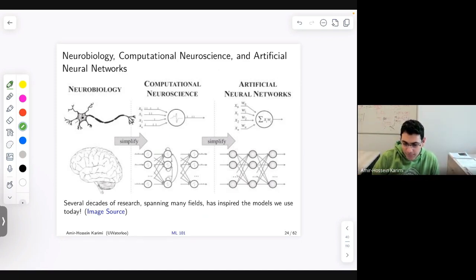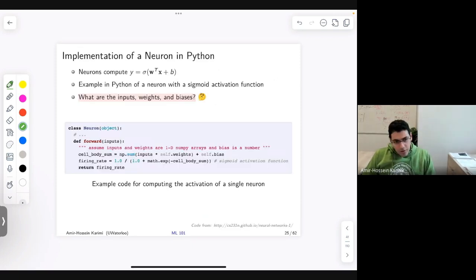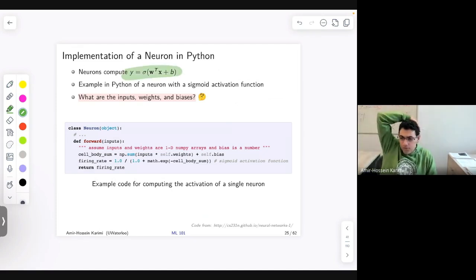So how would we implement a neuron in Python? We said that neurons compute a function that looks something like this: Y is an activation function of a linear combination of the inputs times the weights, the importance of each of the inputs coming in. If we were to implement it in Python, we can write something like this.